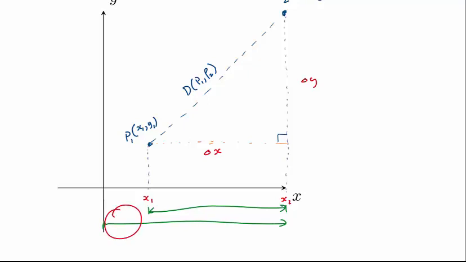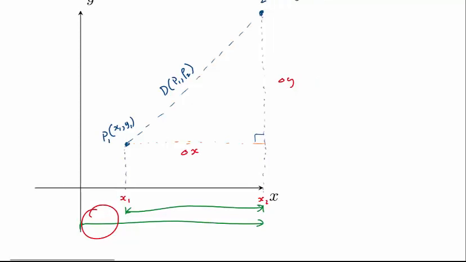So delta x is simply x2 minus x1. Again, this is read as delta x. Generally speaking, almost every time you see a delta in front of a variable like that, it means change in that value. There are exceptions, but generally speaking, that is what you'll experience.